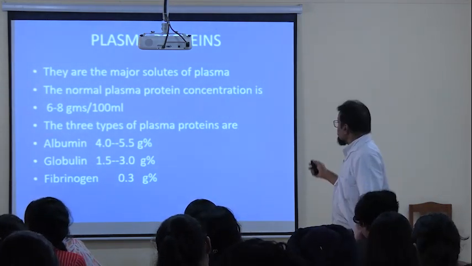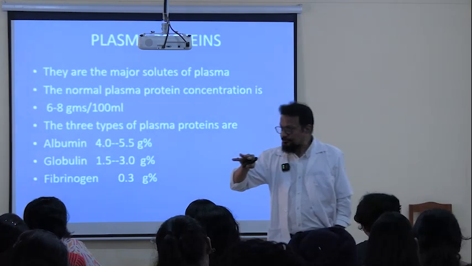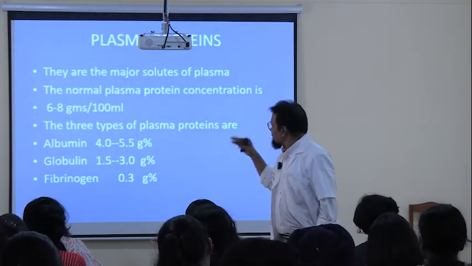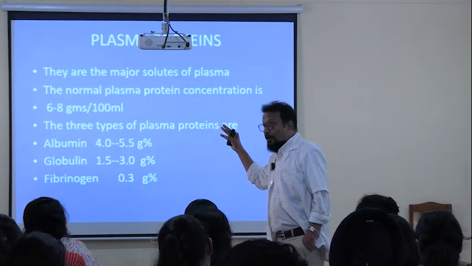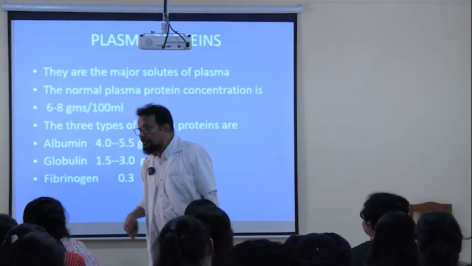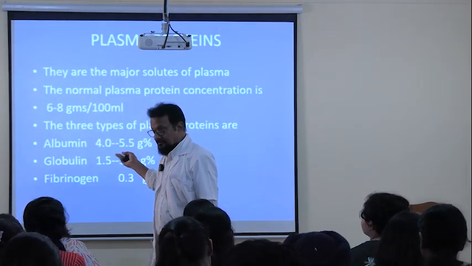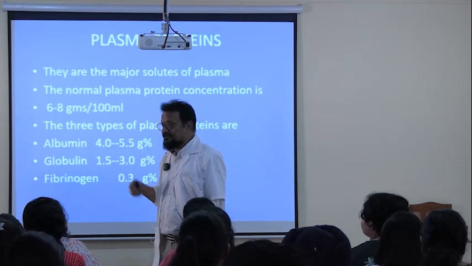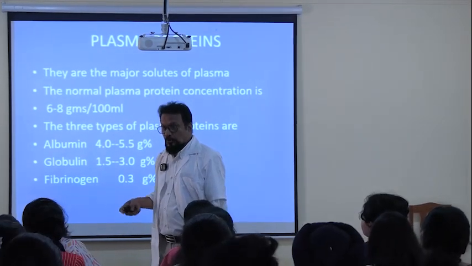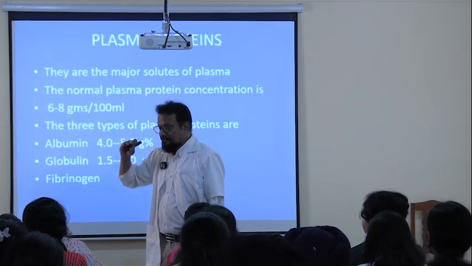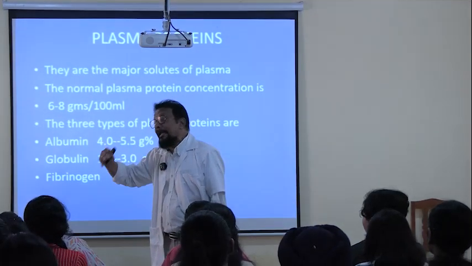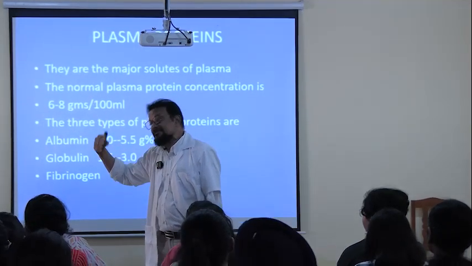And when somebody's blood contains 9 gram percent, 10 gram percent of plasma protein, it may happen. We will discuss at the end of this lecture in which case this may happen. This is called hyperproteinemia. Emia means blood.